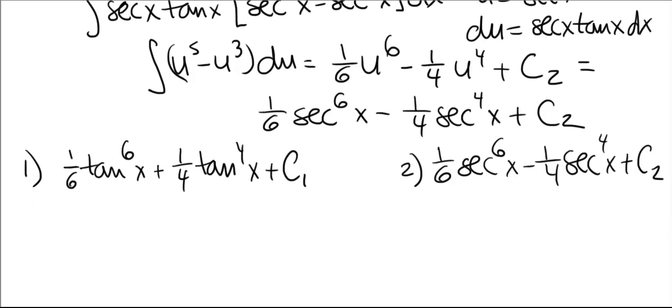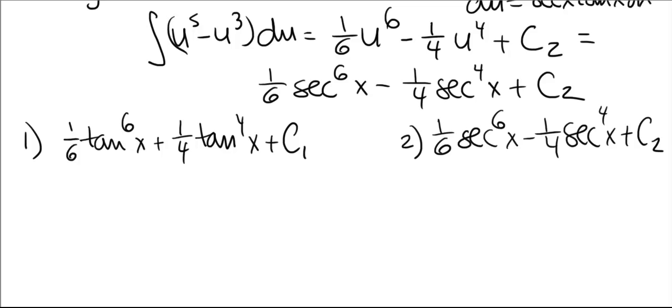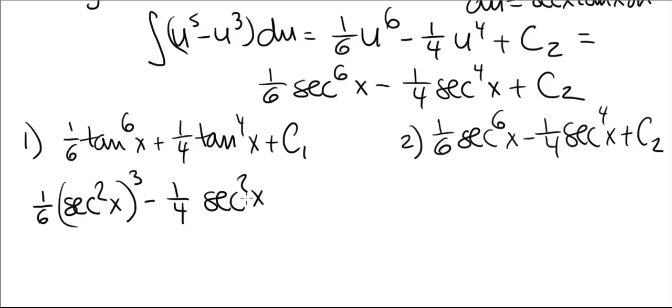So I'm going to show you that we can make the first look like the second or the second look like the first. So let's make the second look like the first. I'm going to rewrite it as 1/6 times secant squared x cubed, which is the same as secant to the 6th, minus 1/4 times secant squared x squared plus this constant of integration c2, and I'm going to make it look like the first answer, to show that they are really one and the same.